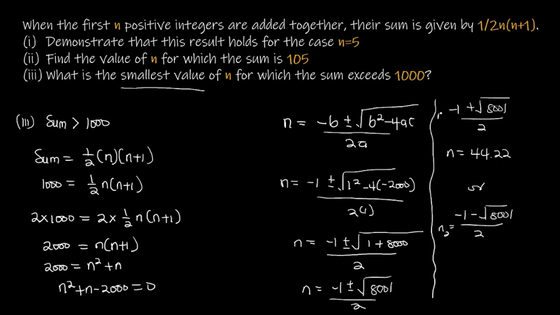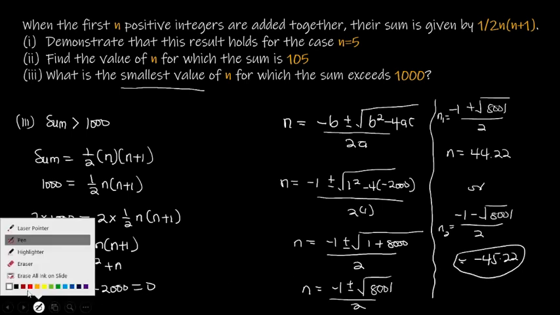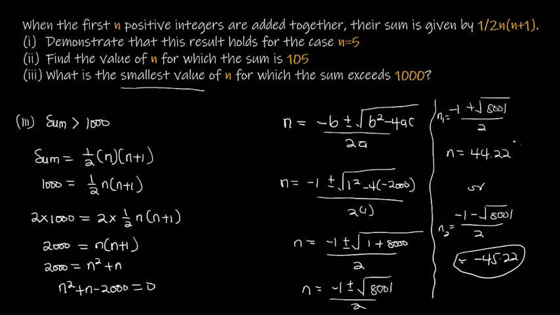Let me call this n2 and the first one n1. If I simplify this expression in my calculator, it gives me negative 45.22. Now from these two answers, we obviously go for the positive answer, so our answer in this case is 44.22.